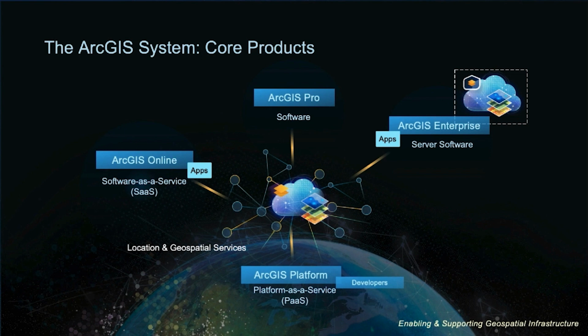We have ArcGIS Enterprise. This is for running your software on your own hardware, your own server hardware. And we have the ArcGIS Platform. This allows you to use our location and geospatial services and APIs to build your own applications. So this is kind of a developer tool set for building your own geospatial applications.